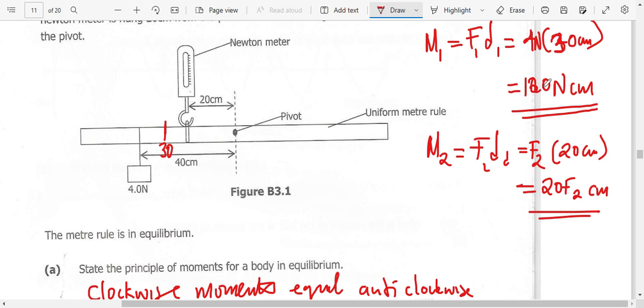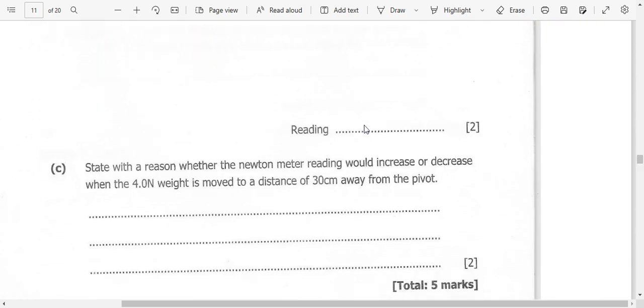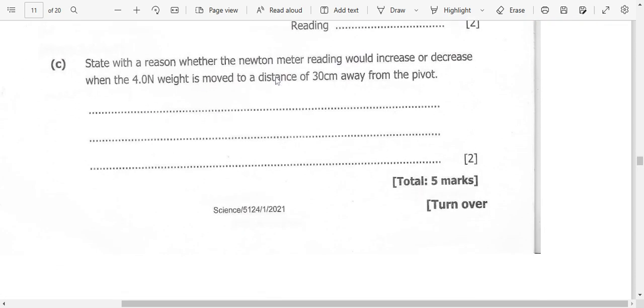So the answer would be 120. For me to find this F, I'm going to say 120 divided by 20. That is going to give me 6 newtons. Has it increased or reduced the reading on the Newton meter? Decreased. So how can you answer the question now? State with reason whether the Newton meter reading would increase or decrease. What are you going to say?